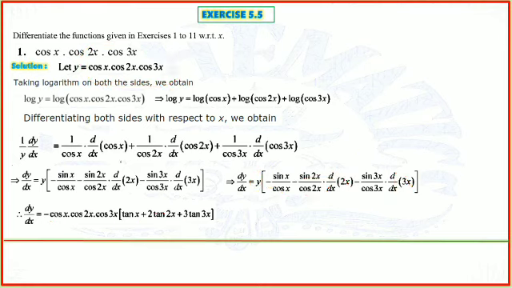So see how we are applying logarithm and then differentiating. What log is doing here is separating the terms and making our task simpler.